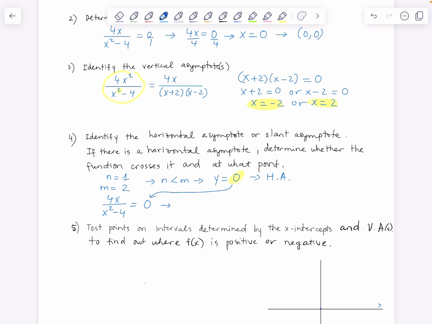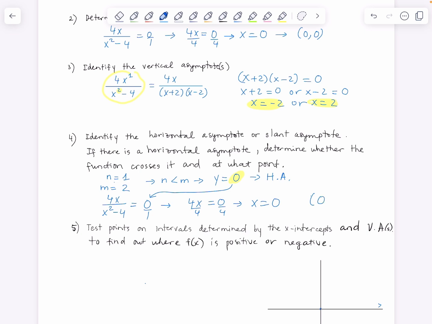Again, we can do cross multiplication. We will have 4x is equal to 0. Divide both sides by 4. We get x is equal to 0. That is the x-coordinate of the point where the graph will cross the horizontal asymptote. Now, we do need to provide a whole ordered pair to complete the description of that point.